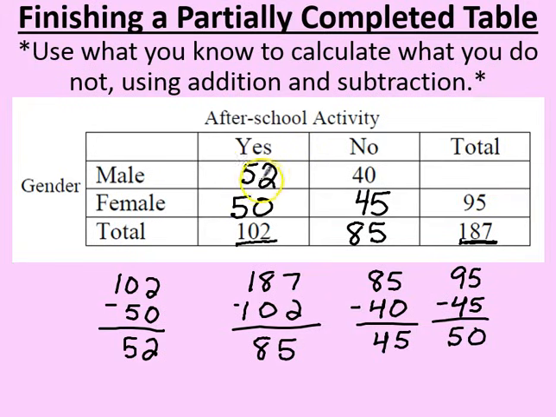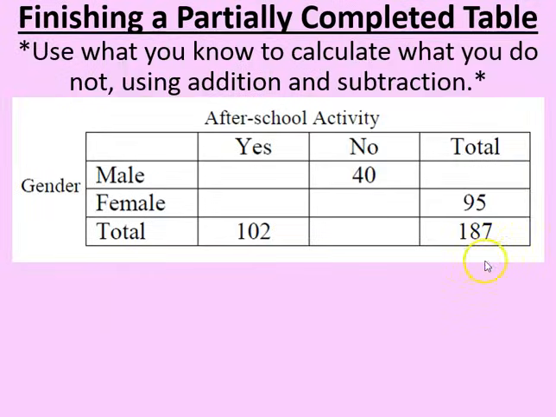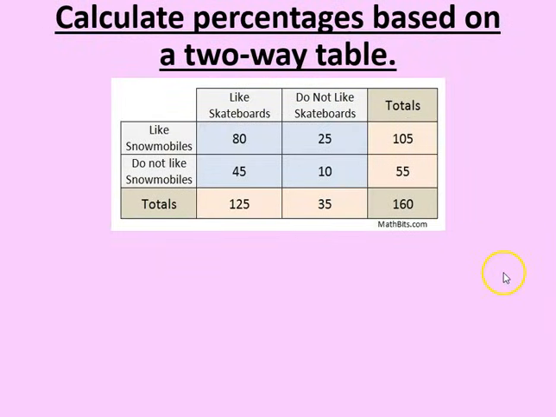If 52 boys said yes and 40 boys said no, 52 plus 40 makes 92. So there were 92 boys altogether surveyed in this situation. And if you add 92 and 95, you can see you get back to the total, which means that this makes sense.